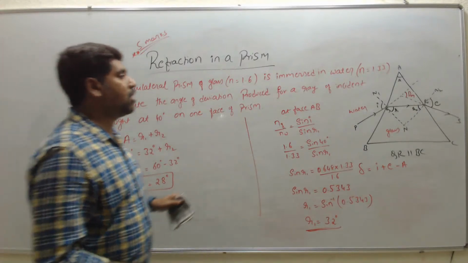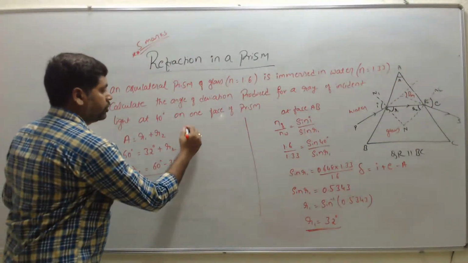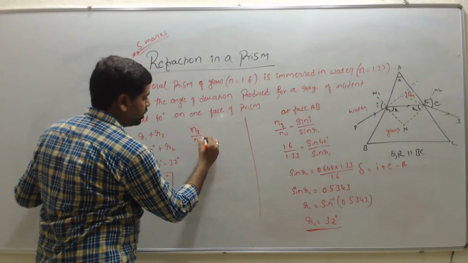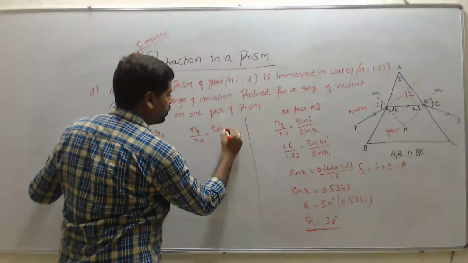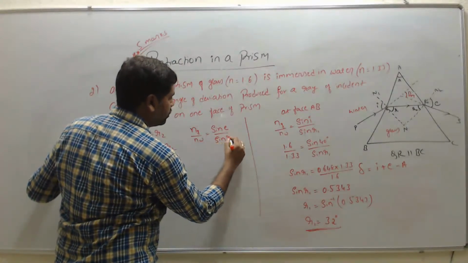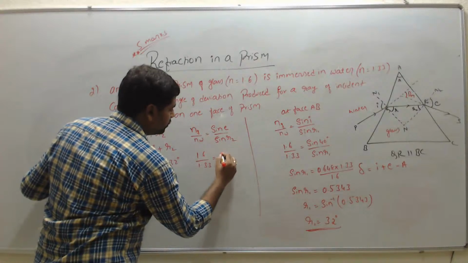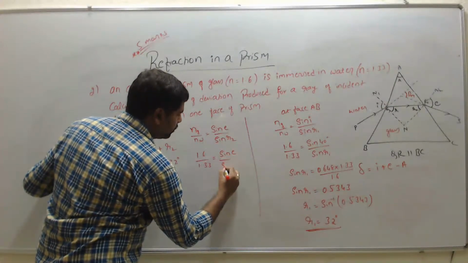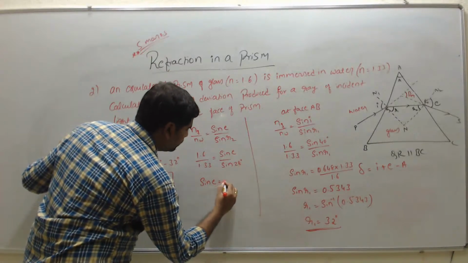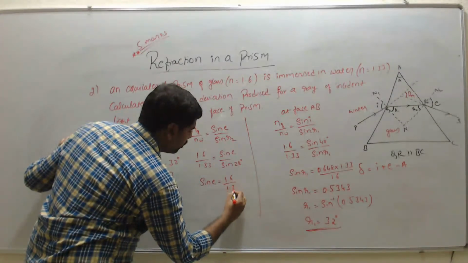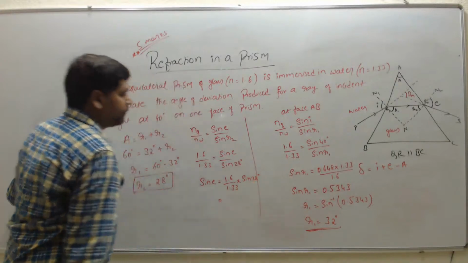Next, applying Snell's law at the second surface, the surface AC, Ng by Nw equals sine E by sine R2. We know these values: 1.6 divided by 1.33 equals sine E divided by sine 28 degrees. If we rearrange, sine E equals 1.6 divided by 1.33 into sine 28 degrees.